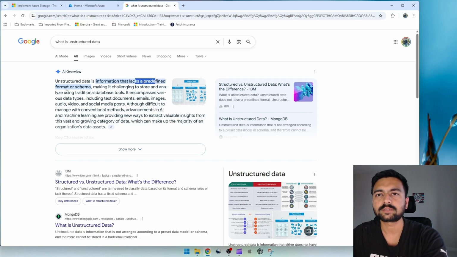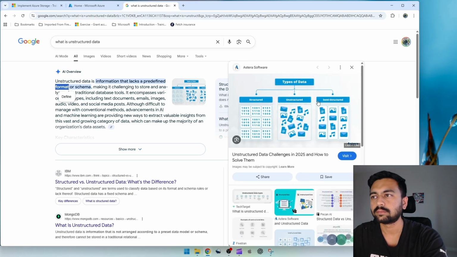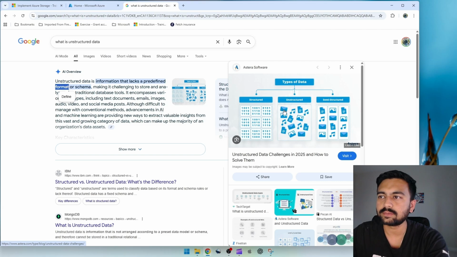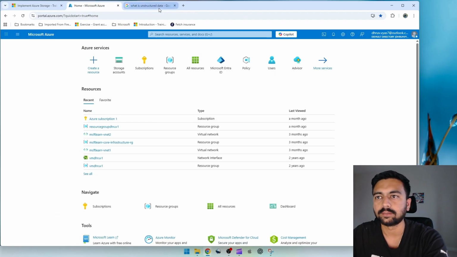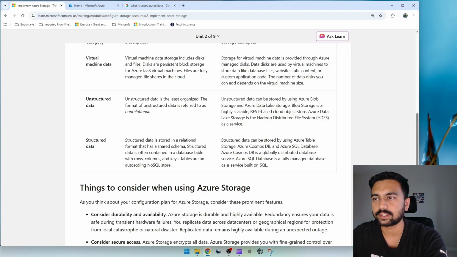It lacks a predefined format or schema. Okay, so this means any type of data that is not in an organized table format. That's unstructured data.